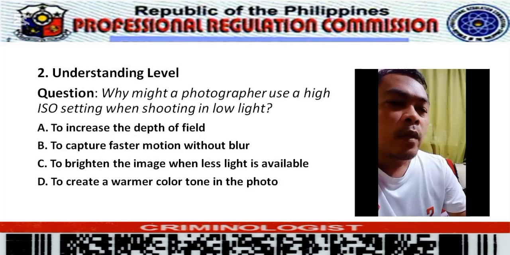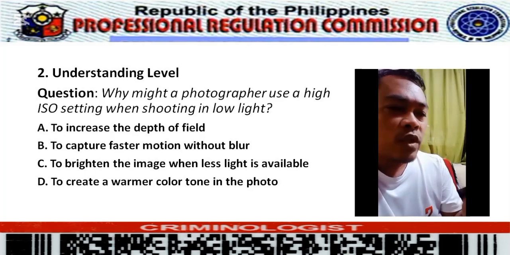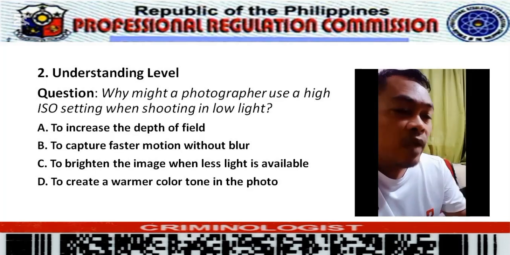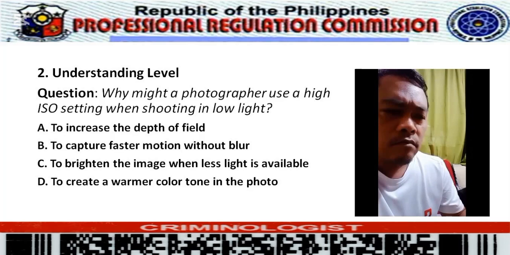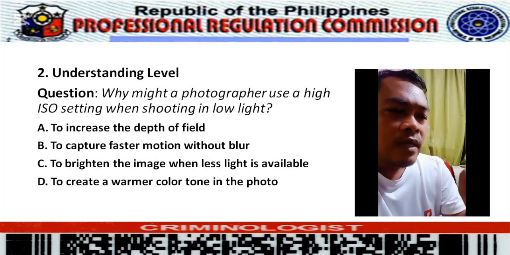Because it only relates to the aperture size, which controls depth of field, not ISO. So it only relates to the aperture size, wherein the aperture size controls the depth of field. That's why option letter A is wrong or incorrect.